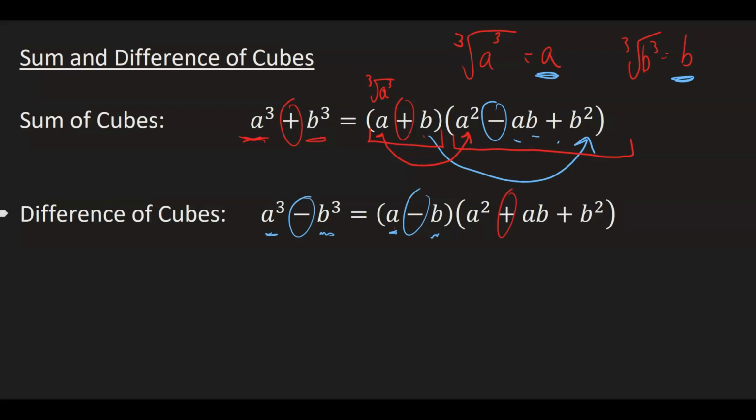And notice that the a goes to a squared, the b goes to b squared, and the product ab here. One other thing we want to note is this is always a positive, okay? Because we're squaring something. Doesn't matter whether it's negative or positive. It's turning out positive all the time. So that's the pattern we're watching for when we are factoring a sum or a difference of cubes.